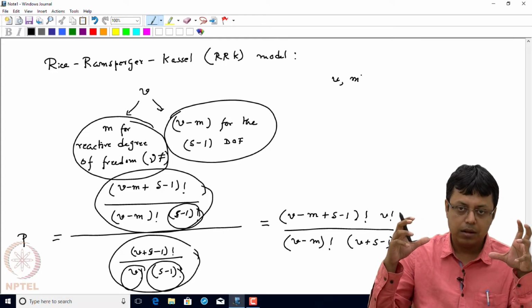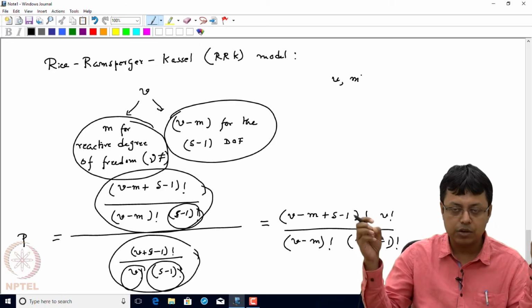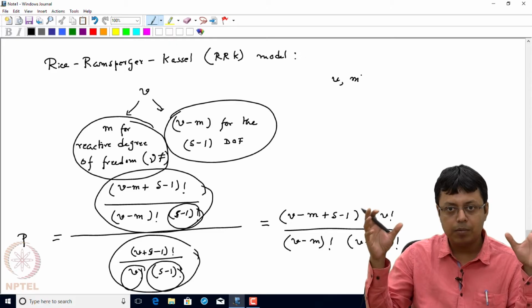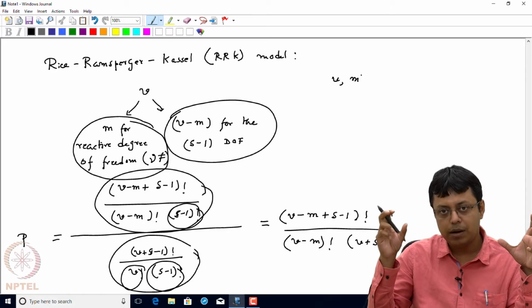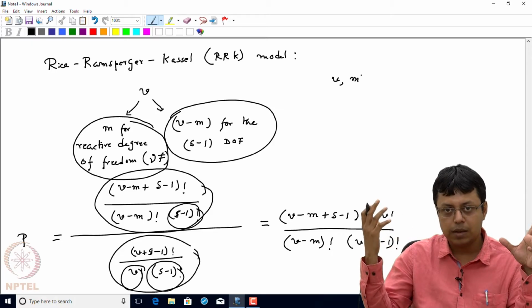If the degrees of freedom were very large compared to the available quanta, then some of the modes would still not be excited. So it is very less probable that one particular mode will get so many quanta, m quanta.